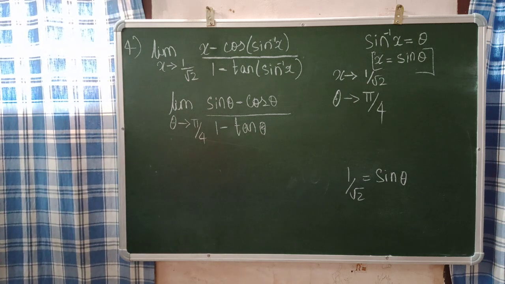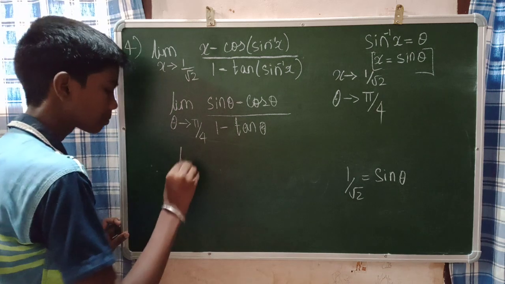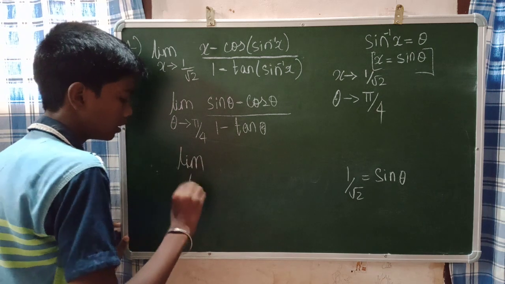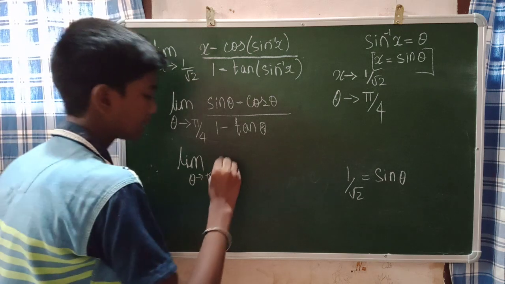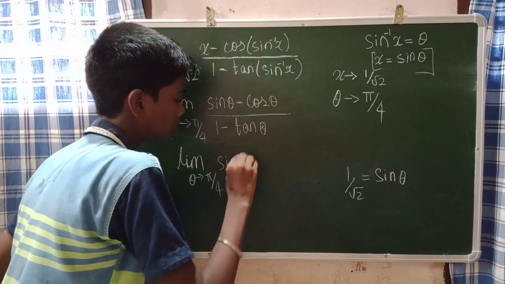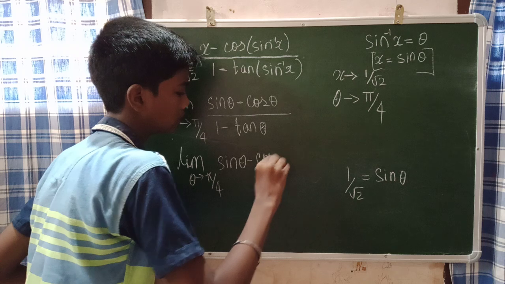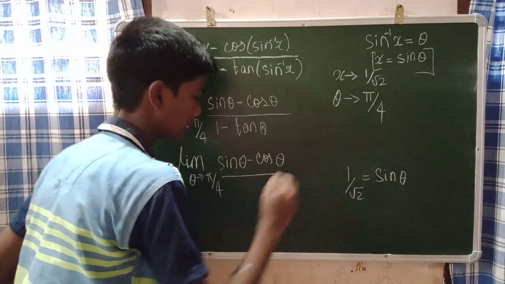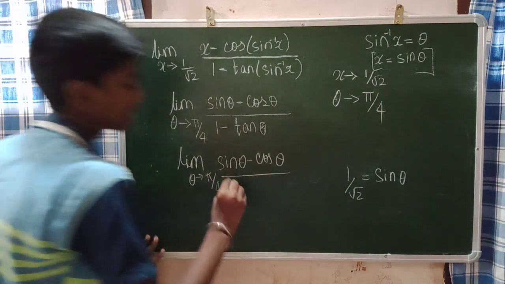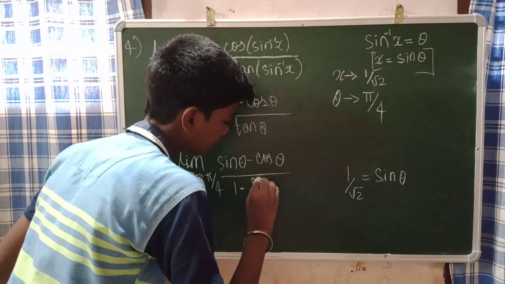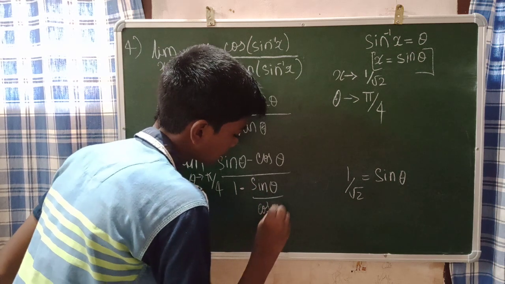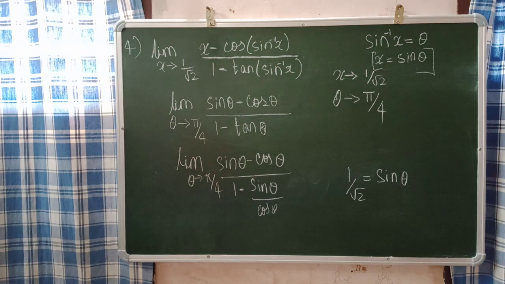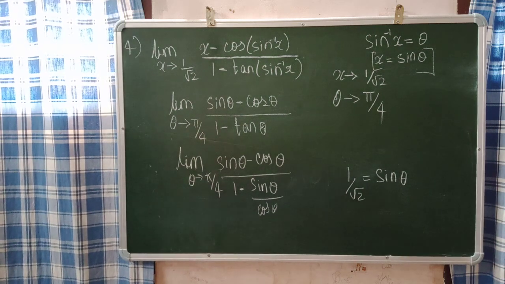Now, after this, what you need to do is limit of theta tends to pi by 4 of sin theta minus cos theta divided by 1 minus tan theta. Now I am going to write this tan theta as sin theta by cos theta. I can write like that, basic relationship. We know now guys, tan theta is sin theta by cos theta. Now after this, try to take LCM in the denominator.